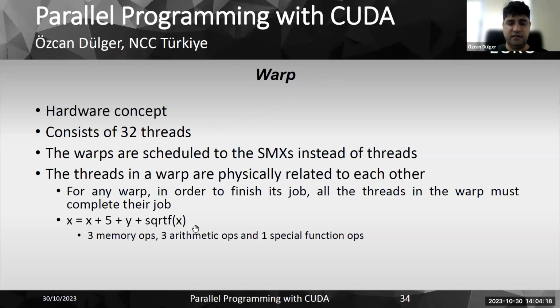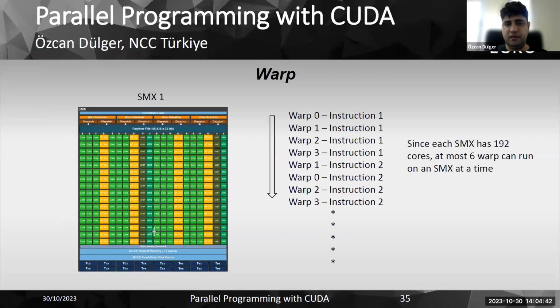This is an example instruction here: 3 memory operations, 3 arithmetic operations, and 1 special function operation. So all of the threads must complete these operations, and then the warp will complete these operations. The warps are scheduled to the cores here.